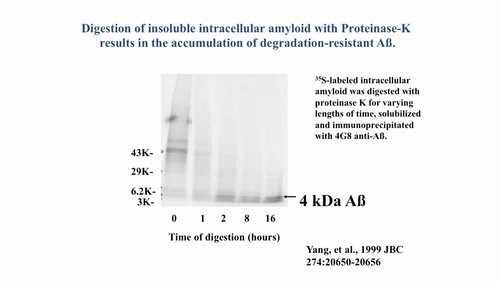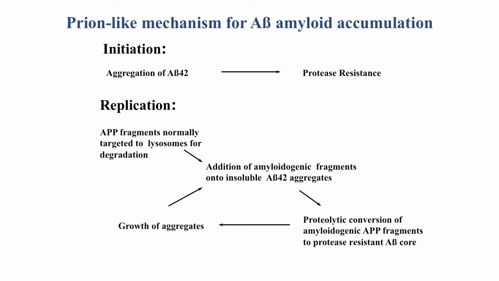So you can see we've purified this material that was made by the cells, and at time 0 it's fairly high molecular weight. It has a very broad spectrum of sizes, and the closer you get to the top, the larger it is. And as you digest it with this very broad spectrum protease, you can see that the size drops down to that of 4 kilodalton A beta, but it doesn't go away. So what's going on in the disease then is a very simple model.